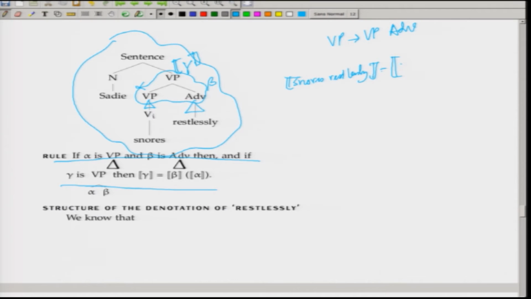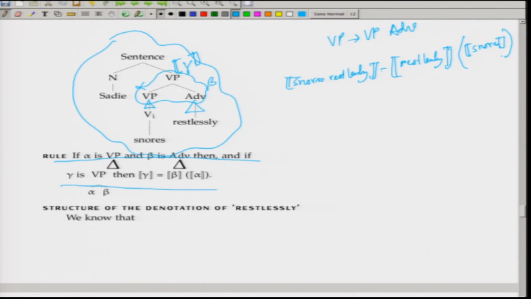In our case, beta is the adverb which is restlessly, and this will take the denotation of snores as an argument.